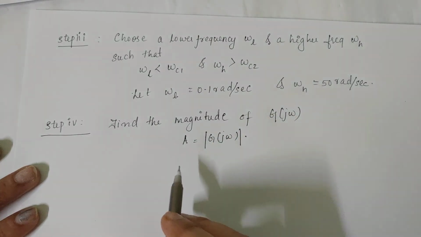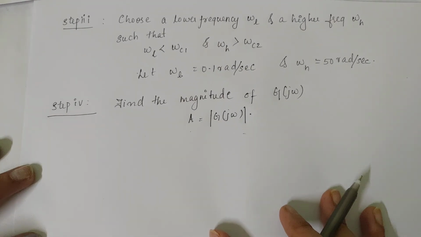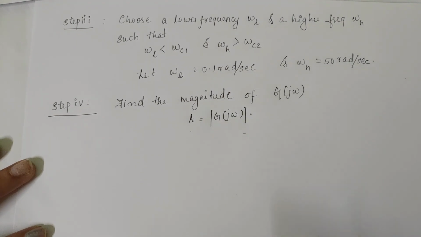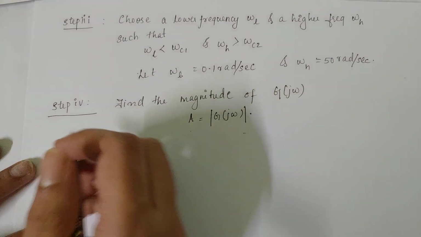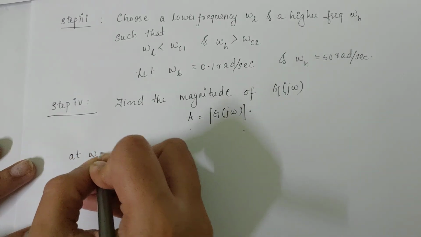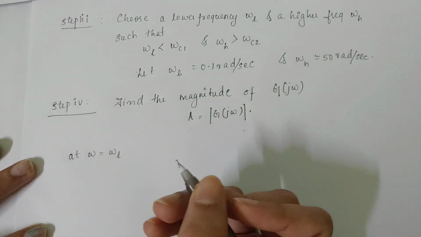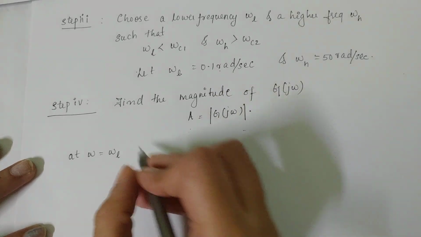Okay. So, magnitude is denoted by A, which is equal to mod G of j omega. So, how can we find the magnitude? So, for that, take at omega is equal to omega L. Okay, omega L is taken as 0.1 radian per second.